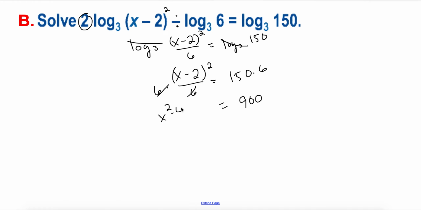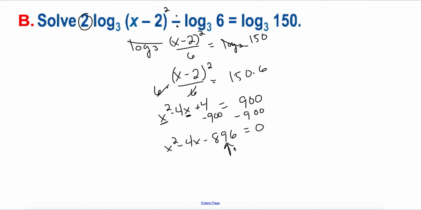So x squared minus 4x plus 4. And then remember, anytime we have an x squared and an x, that's going to give us two answers. So we'll have to factor by moving this over and then attempting to factor that. And we get 896 equals 0.